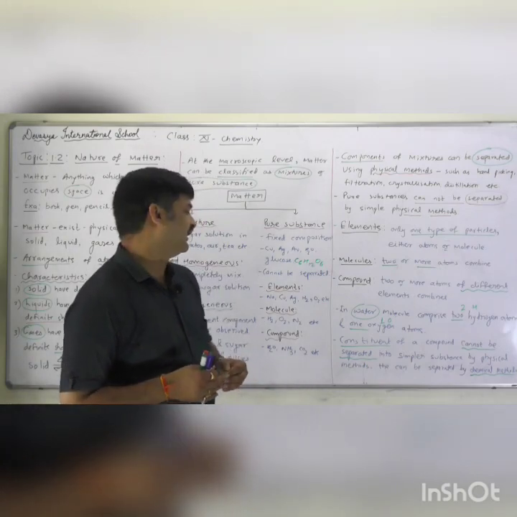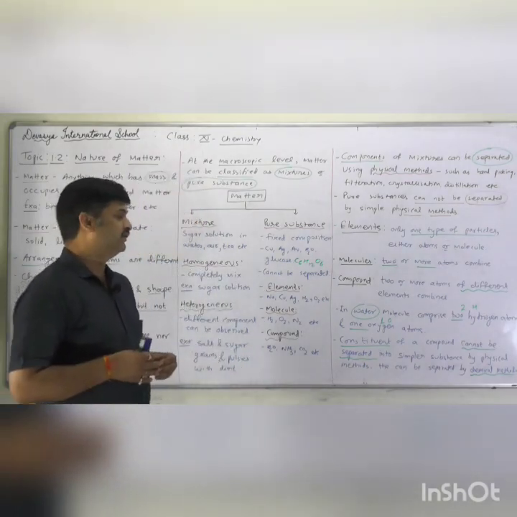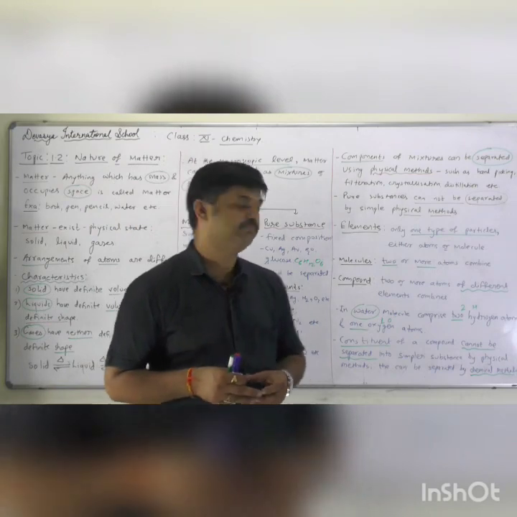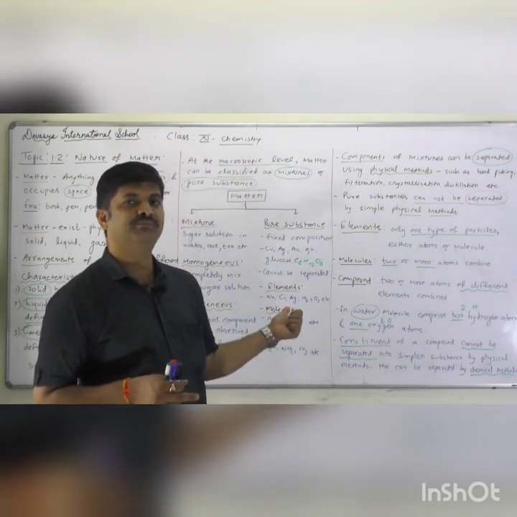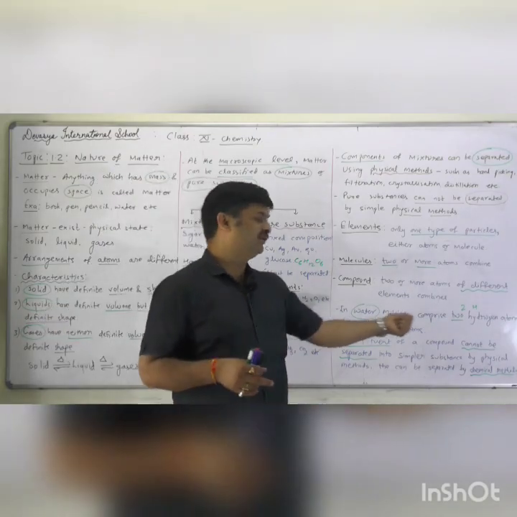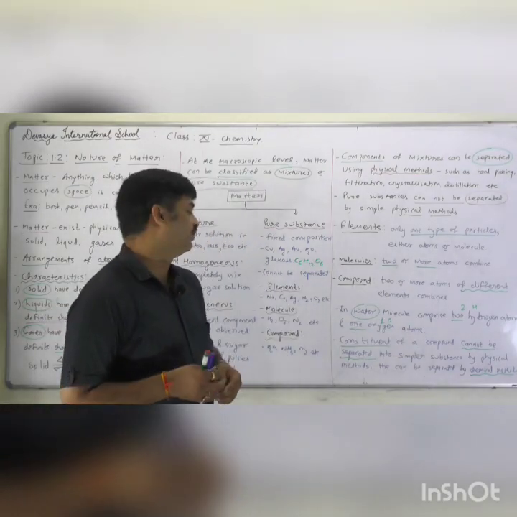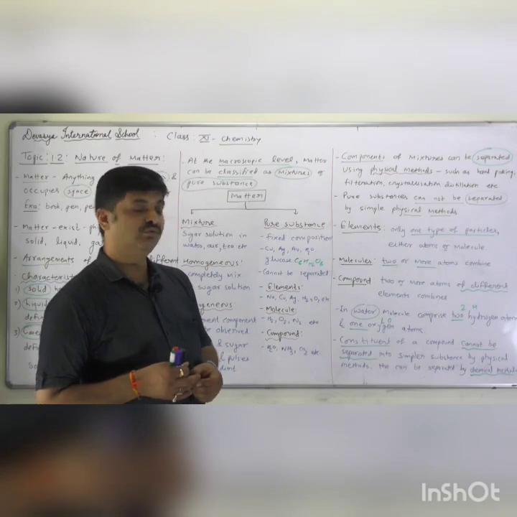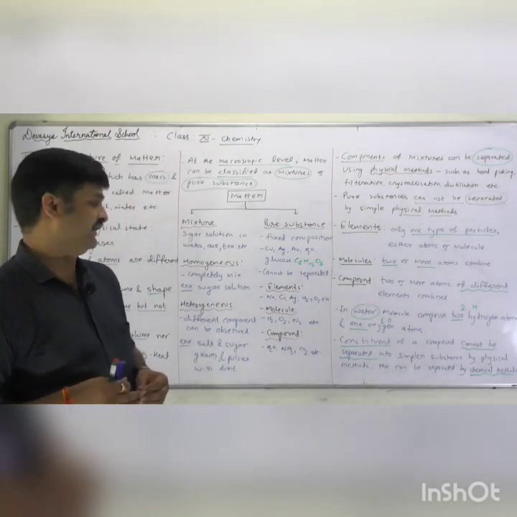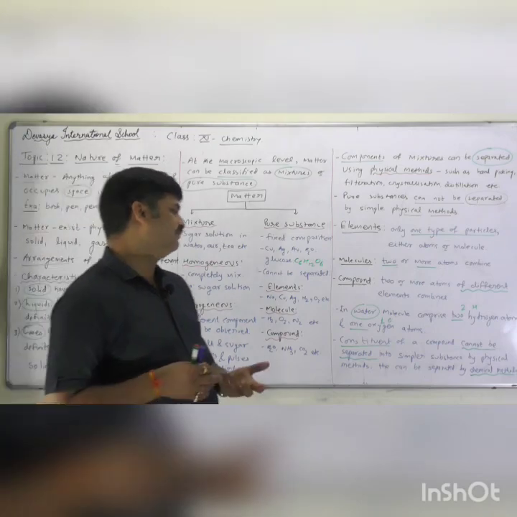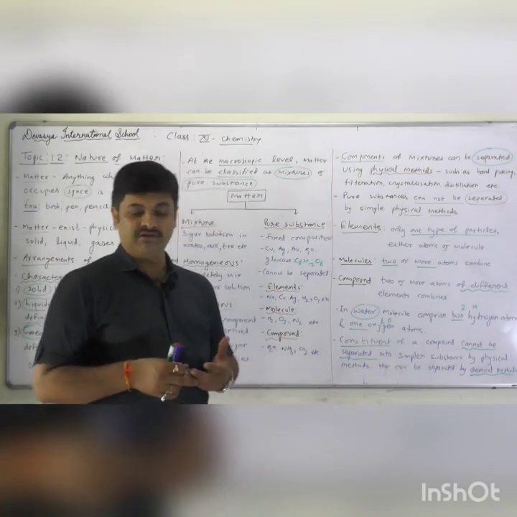Constituents of a compound cannot be separated into simpler substances by simple physical methods. This is one of the most important lines. Clear? Then it can be separated by chemical methods.